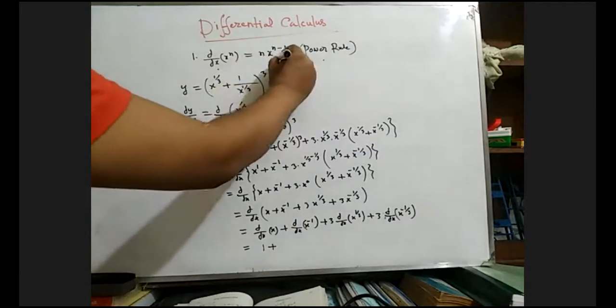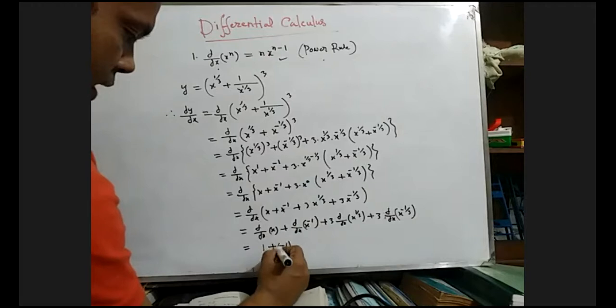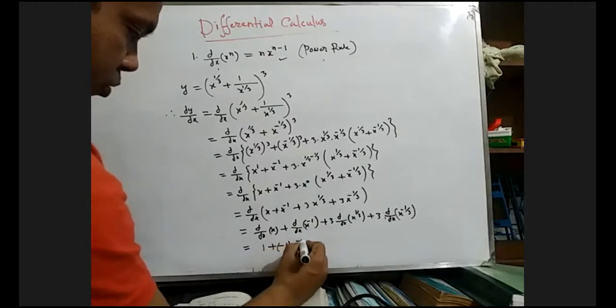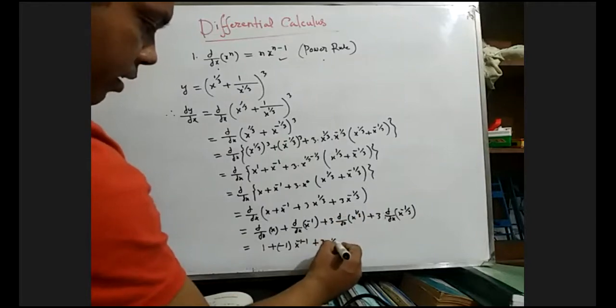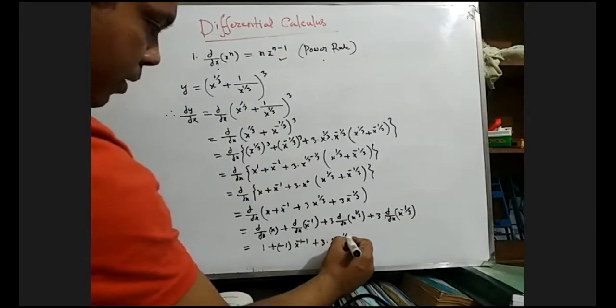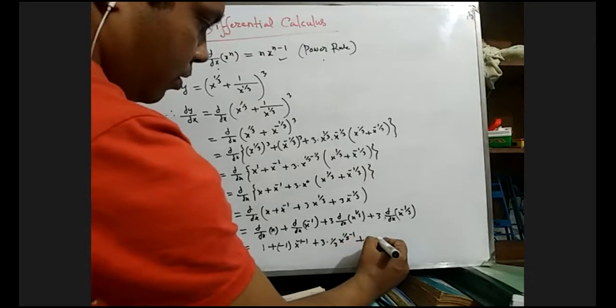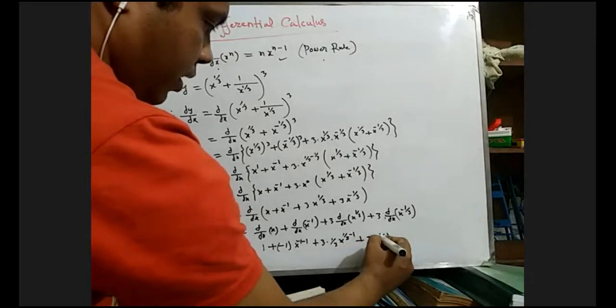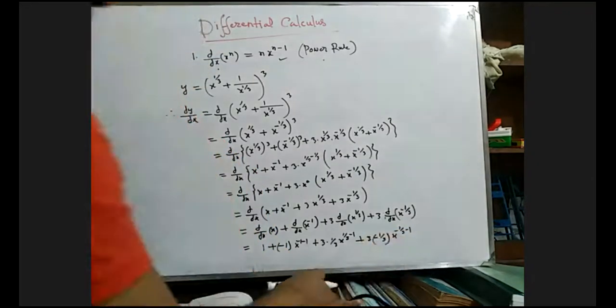Power rule means this formula. Here n equals minus 1, so minus 1 x to the power minus 1 minus 1, plus 3 into 1 by 3, x to the power 1 by 3 minus 1, plus 3 into minus 1 by 3, x to the power minus 1 by 3 minus 1.